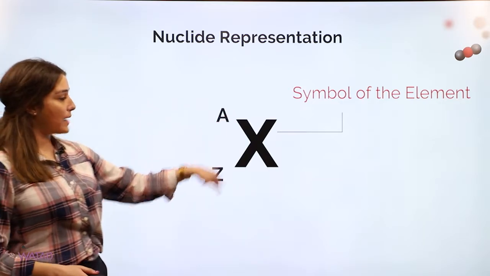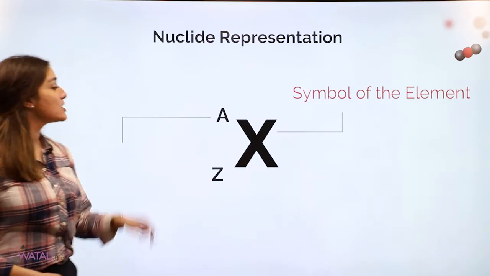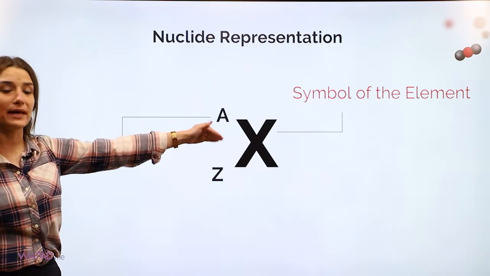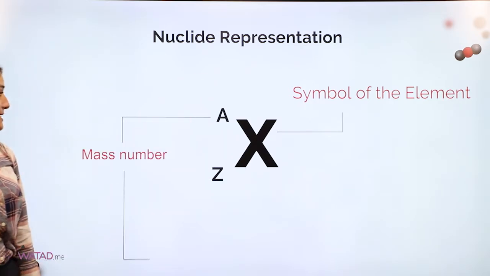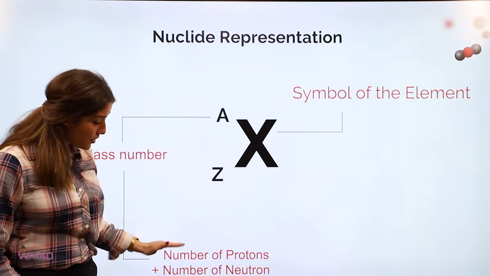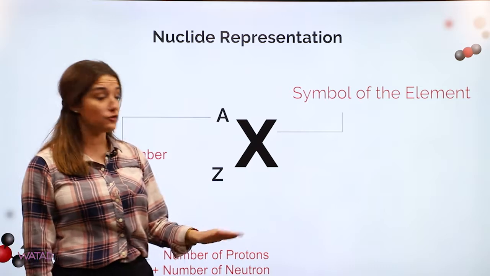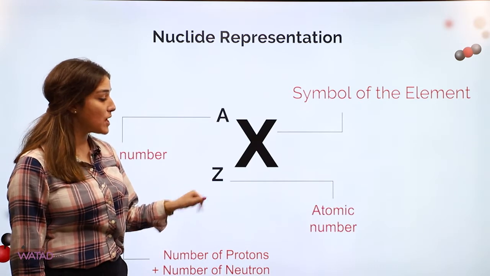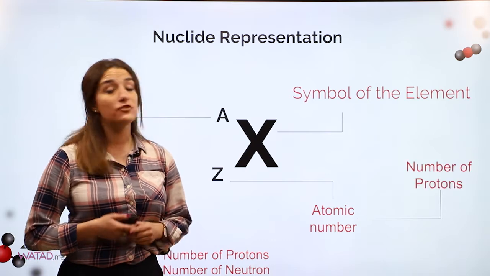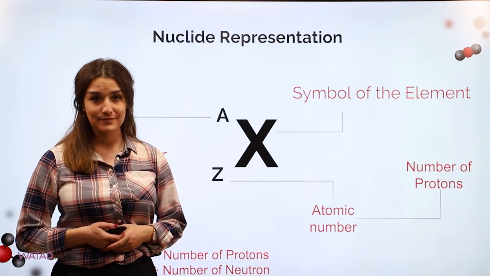After putting the symbol, we write the A, the atomic mass, at the top, which is the number of the protons and the number of the neutrons. And at the bottom, we write the atomic number, which is the number of the protons, Z.